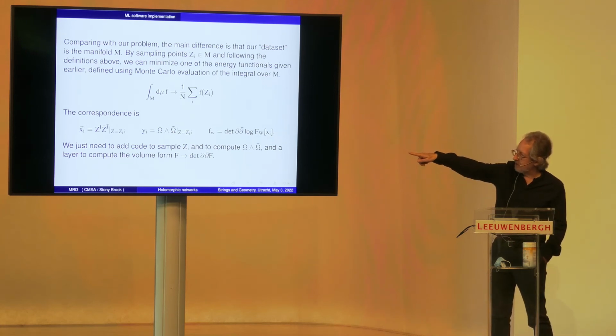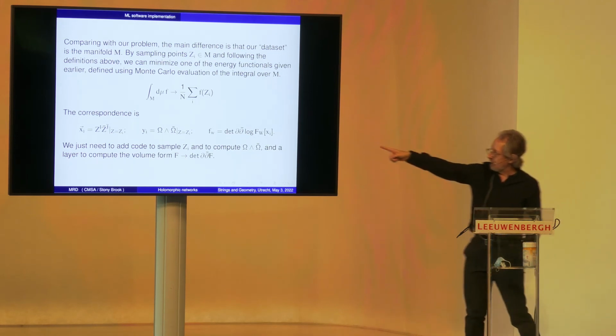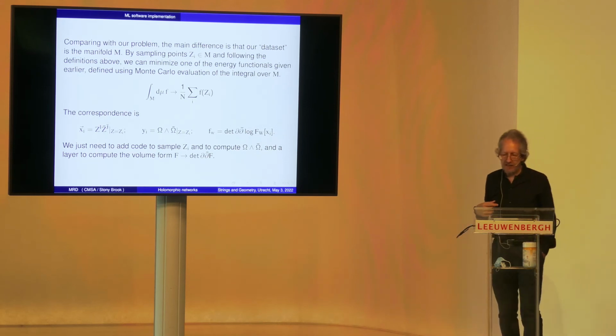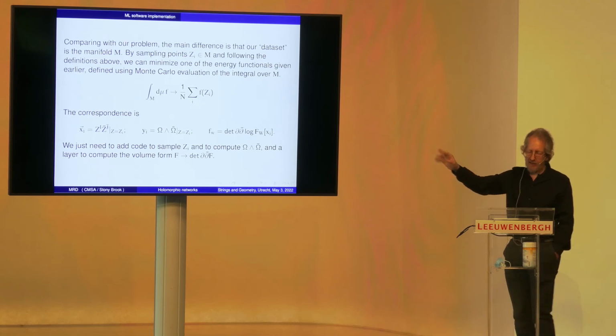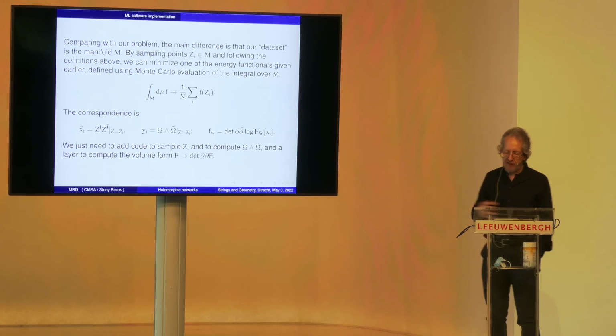So the data were these sampled points on the manifold, and the target, the thing you're trying to fit, is the holomorphic volume form, and now you're trying to choose the Kähler potential that produces a metric that best fits that. It may take a little thought, but you realize that this is what this code is already built to do. You just need to add a couple more functions to the code.